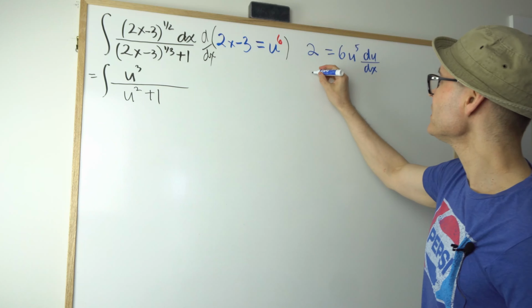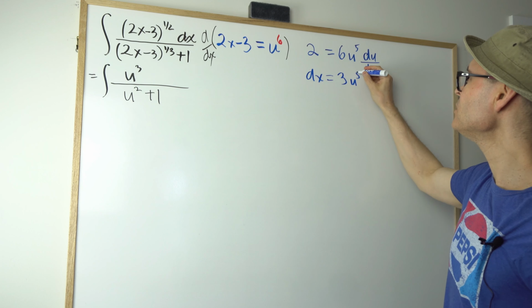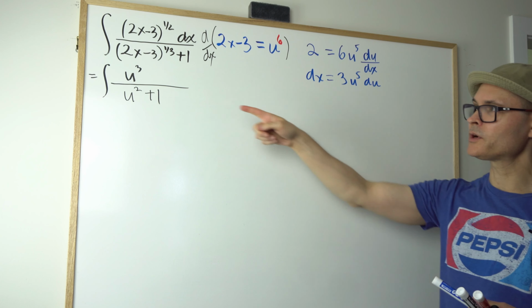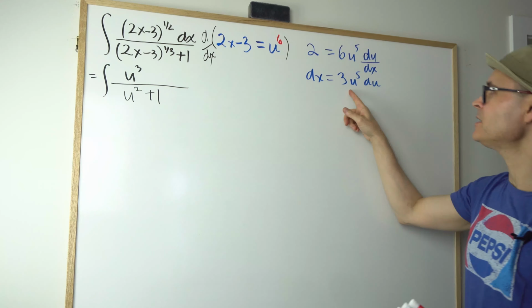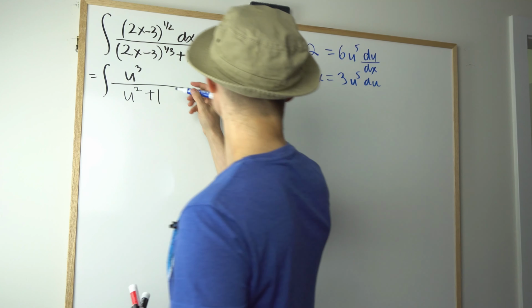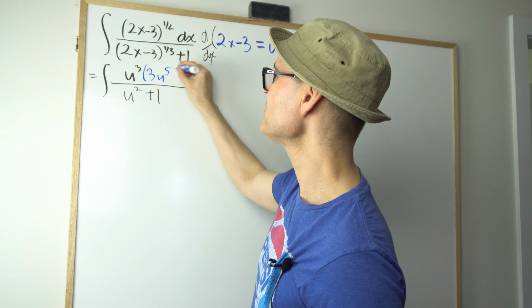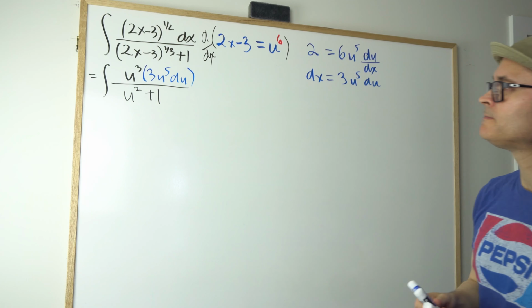So you can see here that dx, excuse me, is going to be equal to 3u to the 5 du. So what I'm going to do is come on over here back to the integral, and wherever I see dx, I'm going to put the 3u to the 5 du. So I'll put it in brackets, 3u to the 5 du, and there's my substitution.